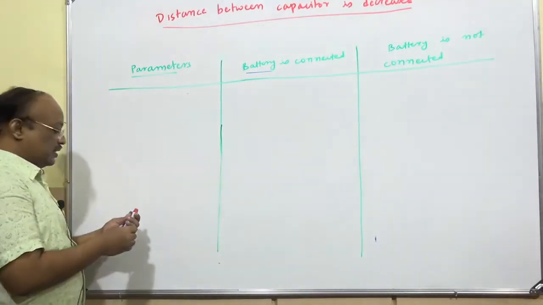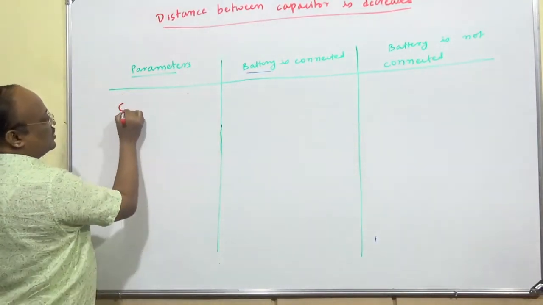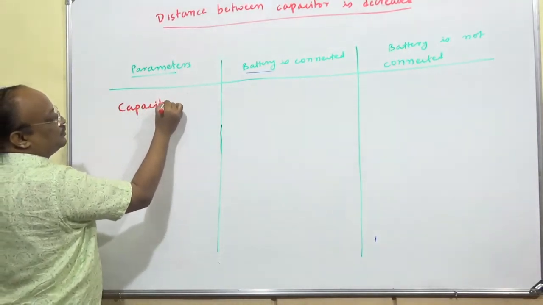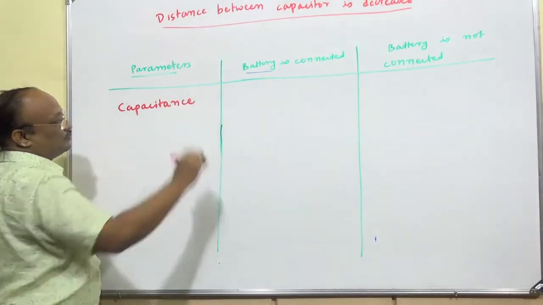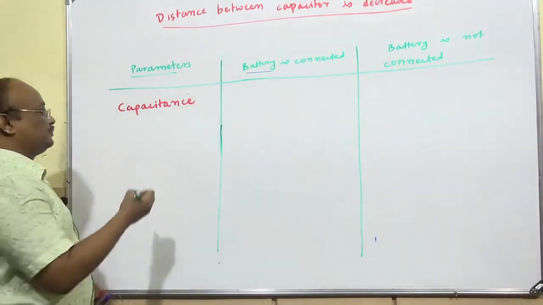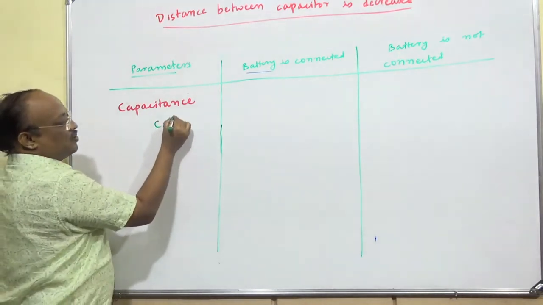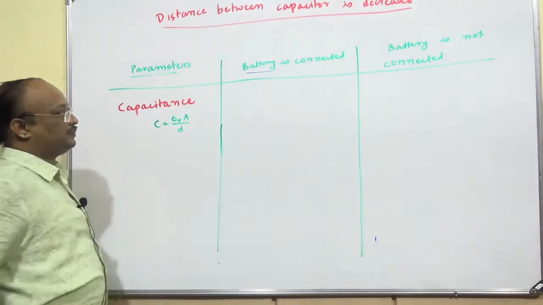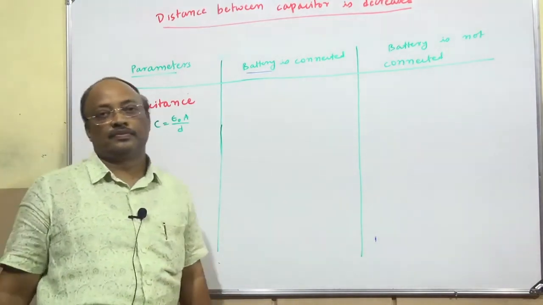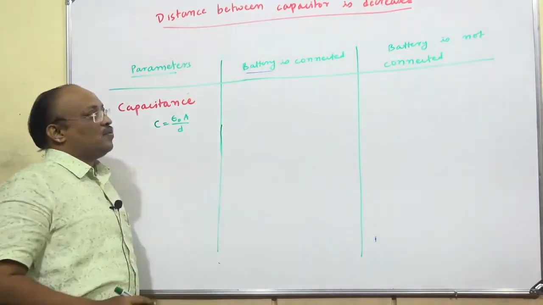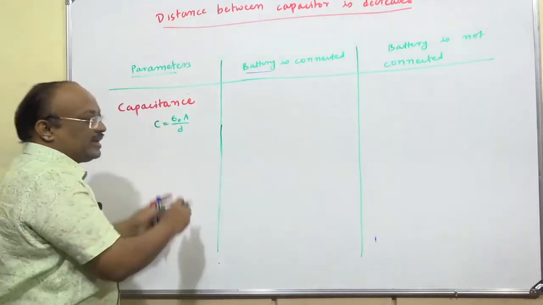So first, capacitance. So we have C is equal to epsilon naught A by D. So what happens when D is decreased?